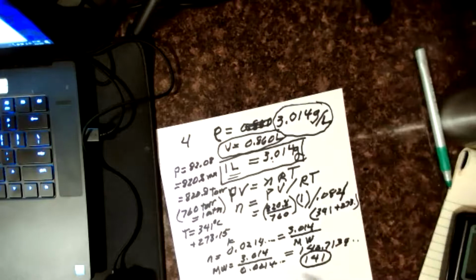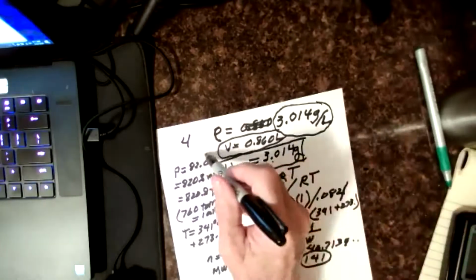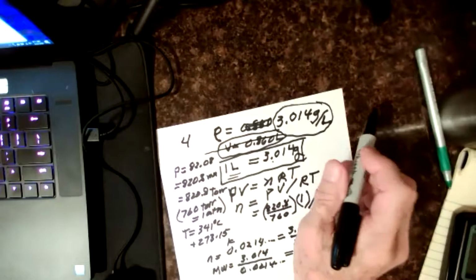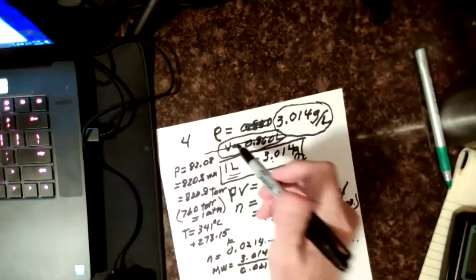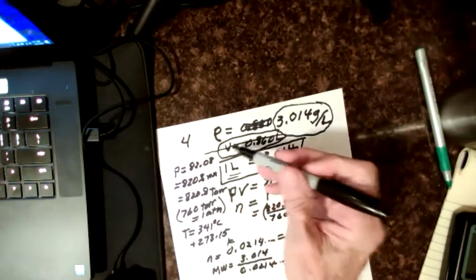Knowing that the density is the same for any volume, I didn't need to use that at all. That's just a complicating factor. And if you actually use that method, it'll take a little bit longer. You can do it with that.